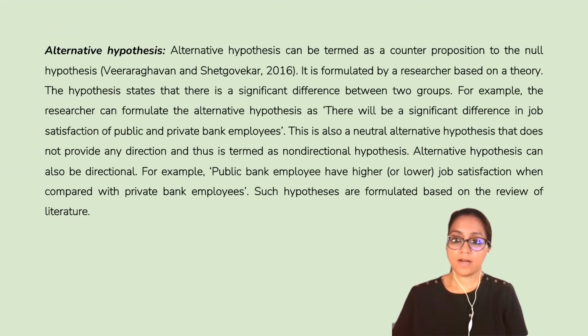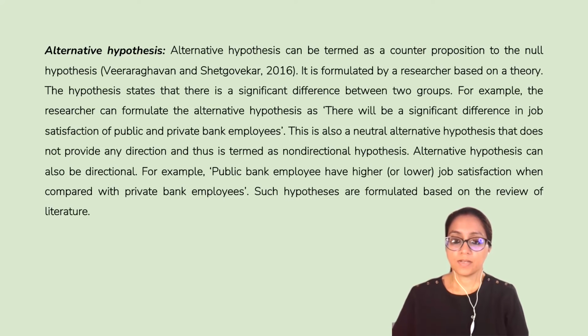What is the alternative hypothesis? The alternative hypothesis can be termed as a counter proposition to the null hypothesis. It means that the alternative hypothesis is the opposite of the null hypothesis. It is formulated by the researcher based on theory. The hypothesis states that there is significant difference between the two groups.